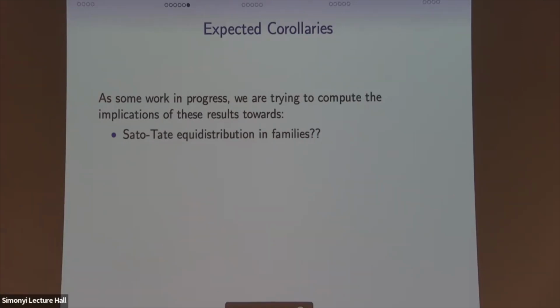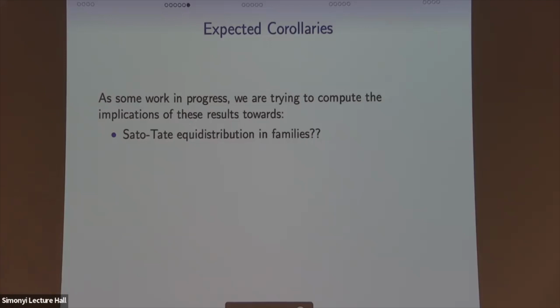If you look at the representations at a level n, and you look at some long list of primes, and you look at all the Satake parameters at those, and you increase the list of primes and the level in some diagonal way, then you'll get some kind of Sato-Tate distribution of what these Satake parameters are. And that's going to be a different Sato-Tate law from the expected one for that group, because you have this non-tempered thing at infinity, and there's some intuition that it's coming from a smaller group. So it's going to be like the Sato-Tate distribution for a smaller group.